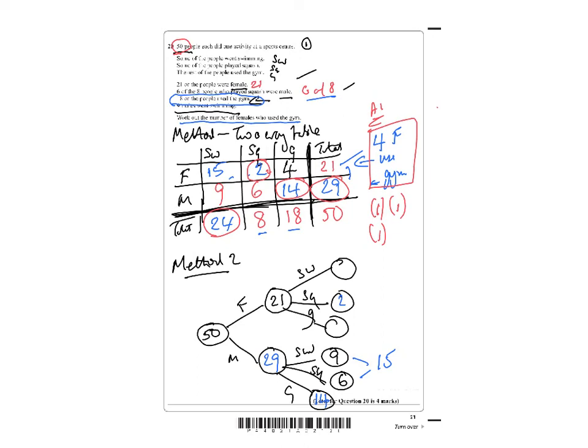If 14 are male, that means that 4 are female. And again, you have finished the problem without necessarily filling it all in. So 4 female use the gym. The mark scheme will be very similar to the one in method 1.